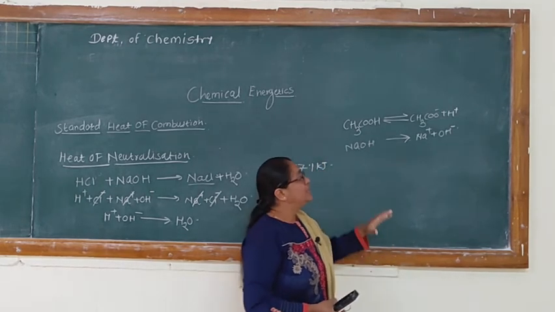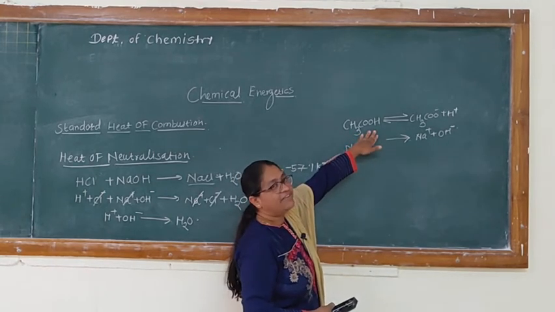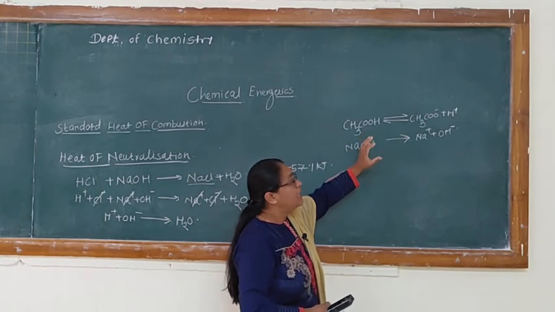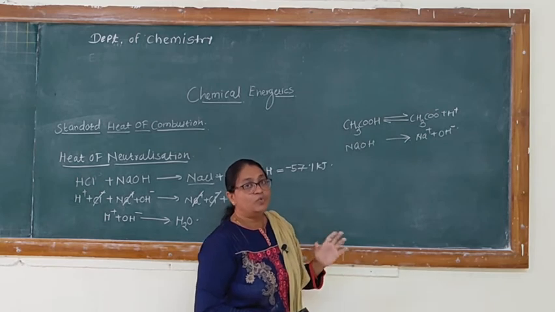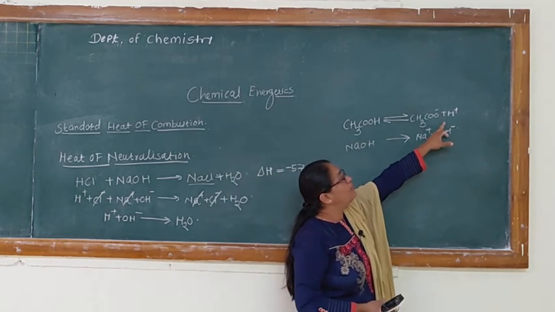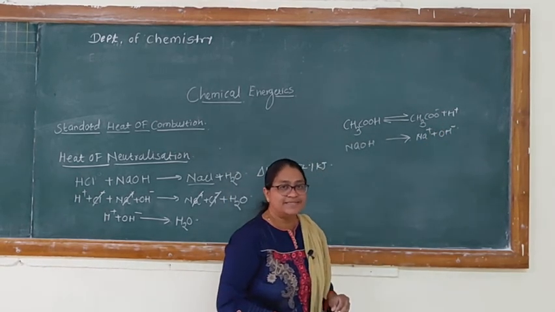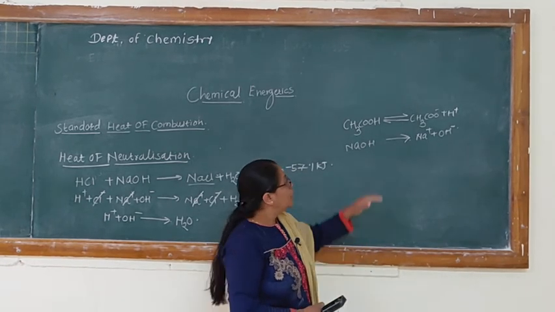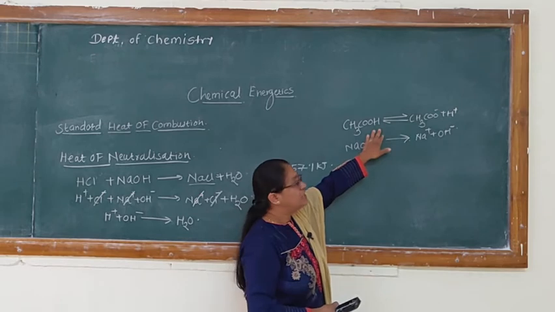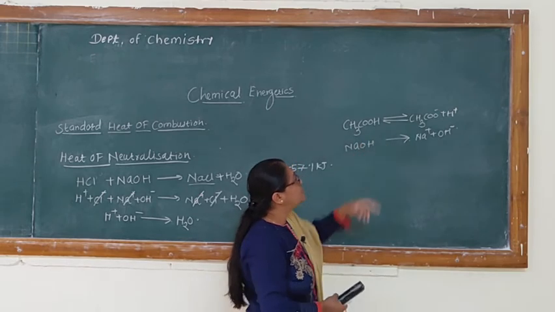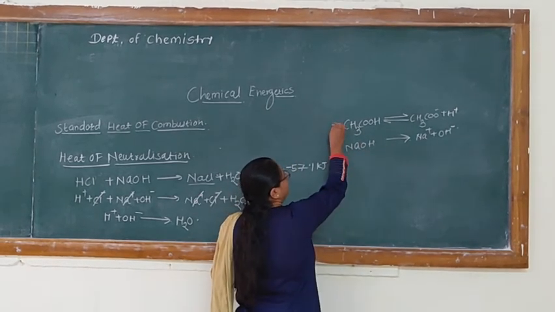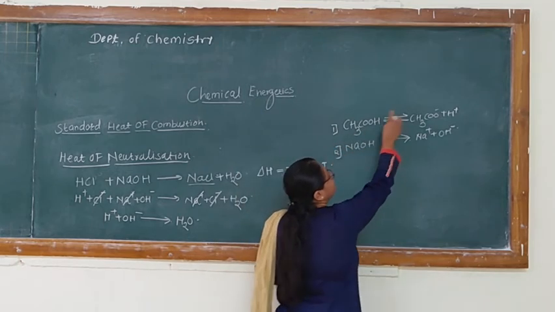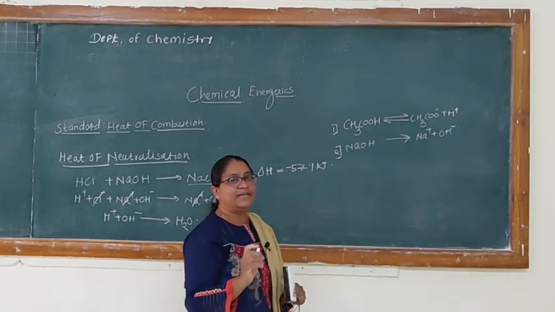Now, the acid which we have taken is a weak acid. So, of the heat which is released during the combination of H plus and OH minus ion, some of the heat is used to shift the equilibrium of the first reaction towards the right. See what I am telling you again.